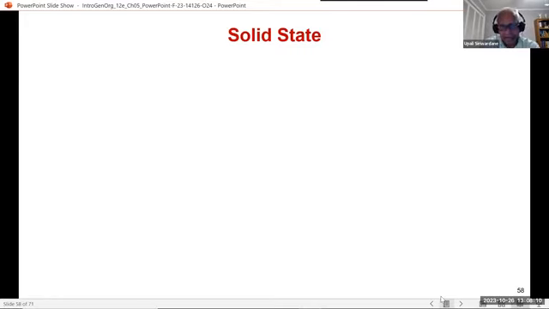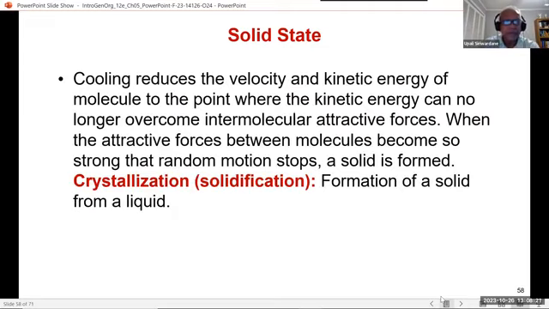A solid state is the state where the particles have the lowest kinetic energy, the lowest disruptive forces. As the substance is cooled, it reduces the velocity of particles because the kinetic energy becomes lower.